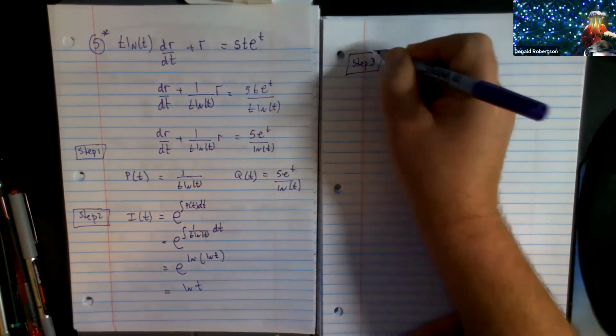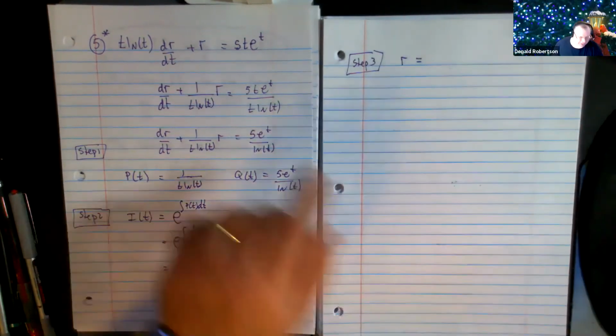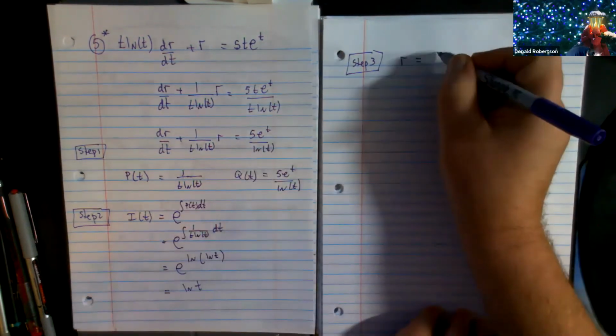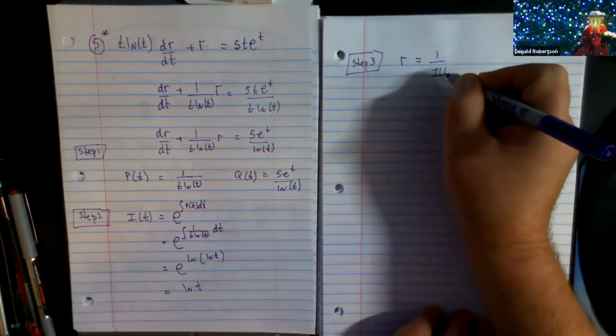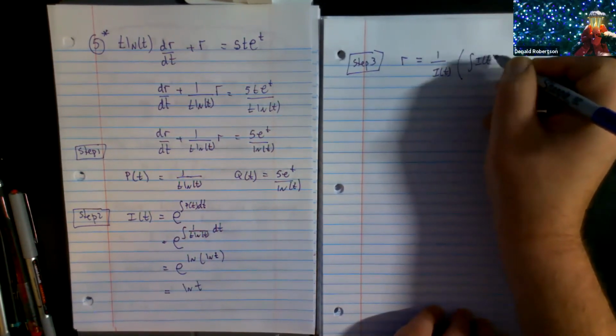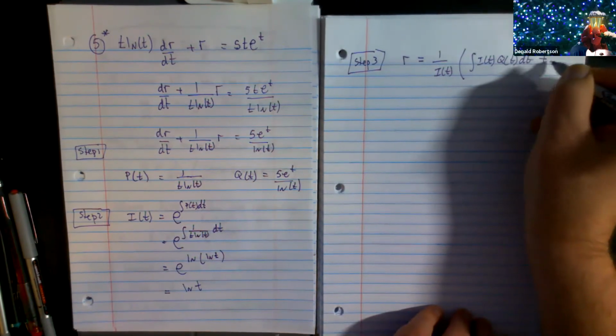We get our solution. Well, it's not y equals, it's going to be r equals, because r is like the y, right, and t is like the x. And that's going to be 1 over I of t, the integral of I of t, q of t, dt, plus c.